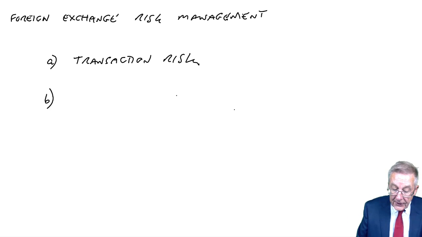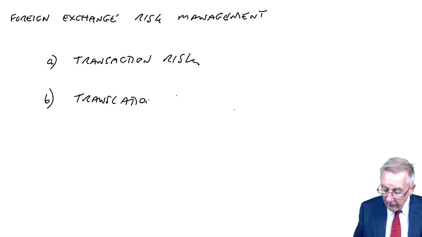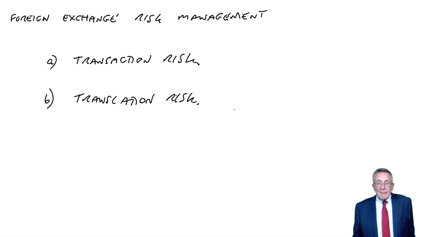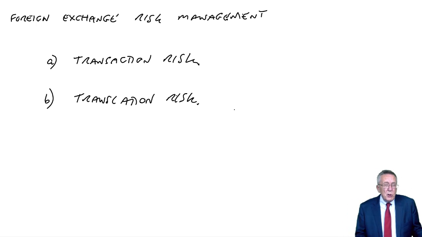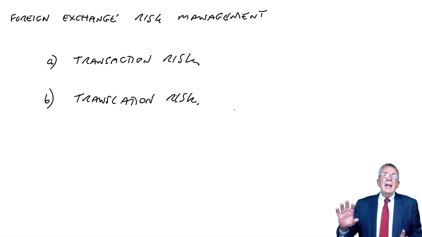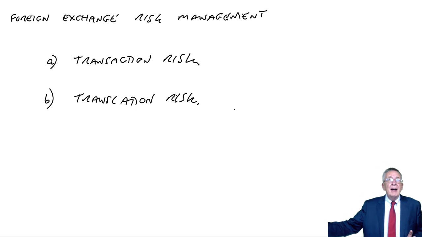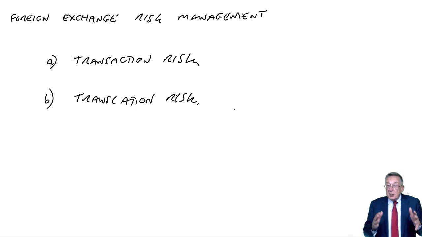However, the next one is what we call translation risk. What this is, suppose we're a company based in a Euro country and working with euros, but maybe we have an investment in America where obviously they work in dollars. Well, when we come to prepare our accounts, we'll prepare our accounts obviously in euros.